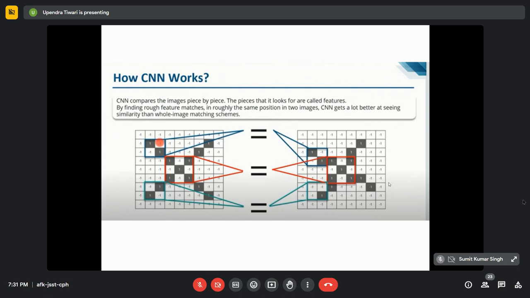So whenever your image needs to be classified, before that, your model will get trained. And how will this model be trained?